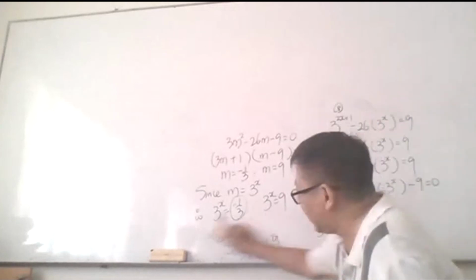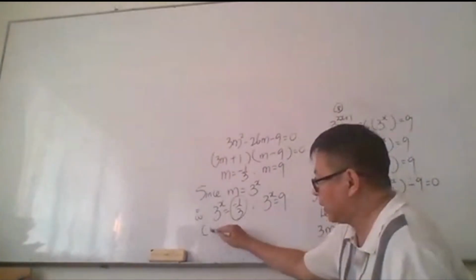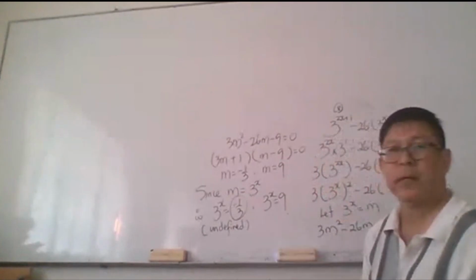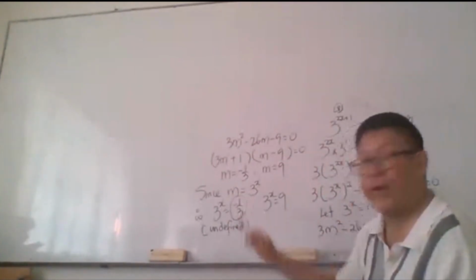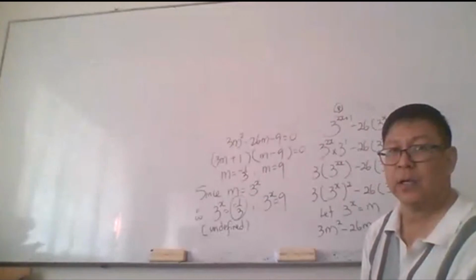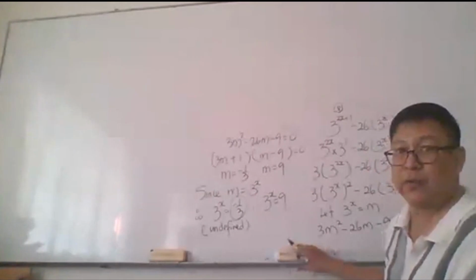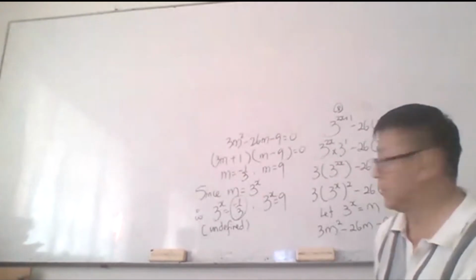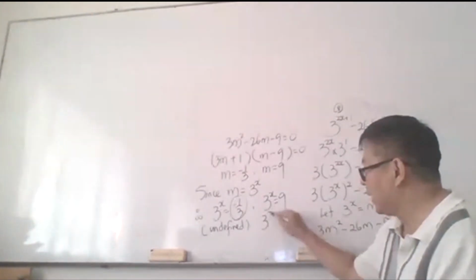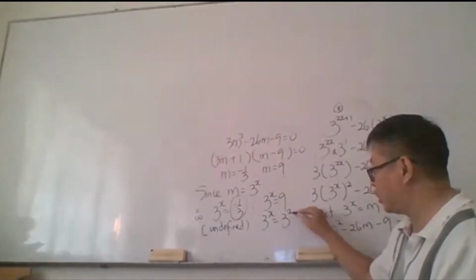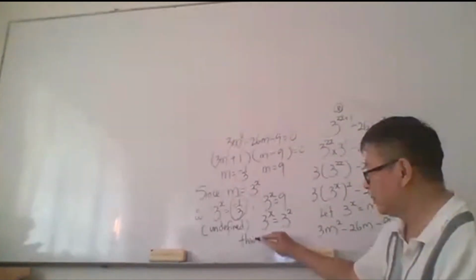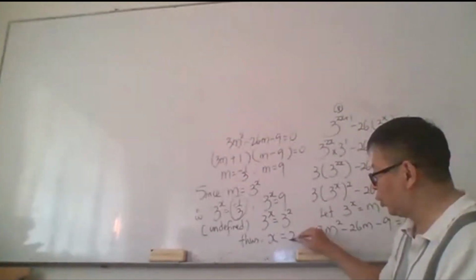So in this case, I will put the word undefined. It means this situation does not exist. If you press the calculator, you get a math error. For the other one, 3^x equals 3 squared, and your x value will be 2.